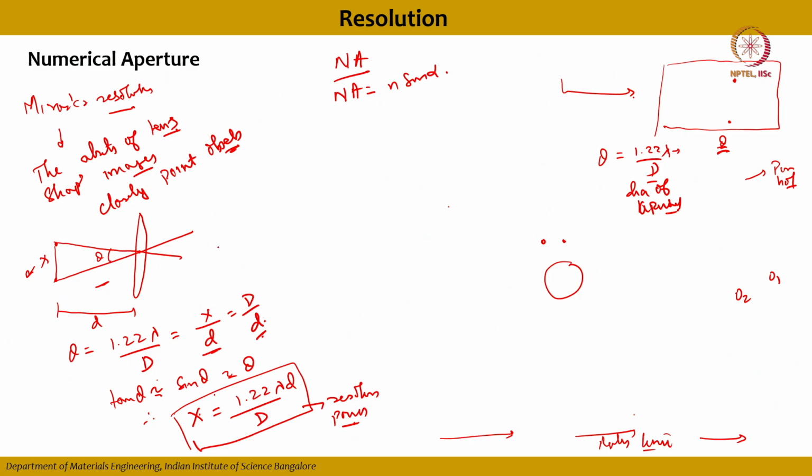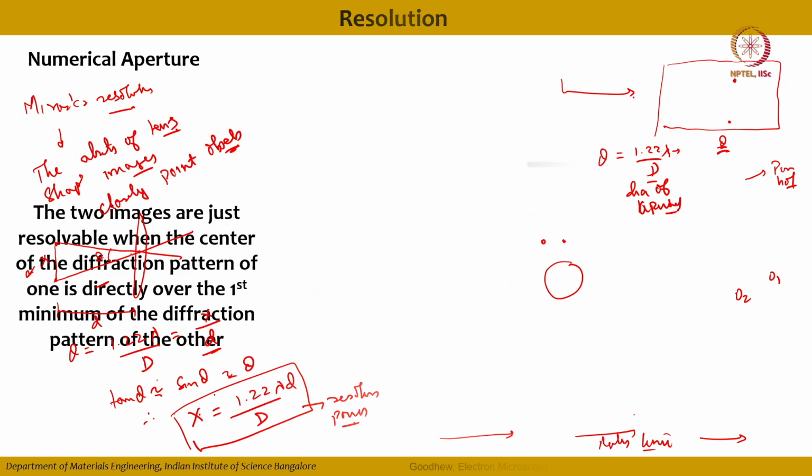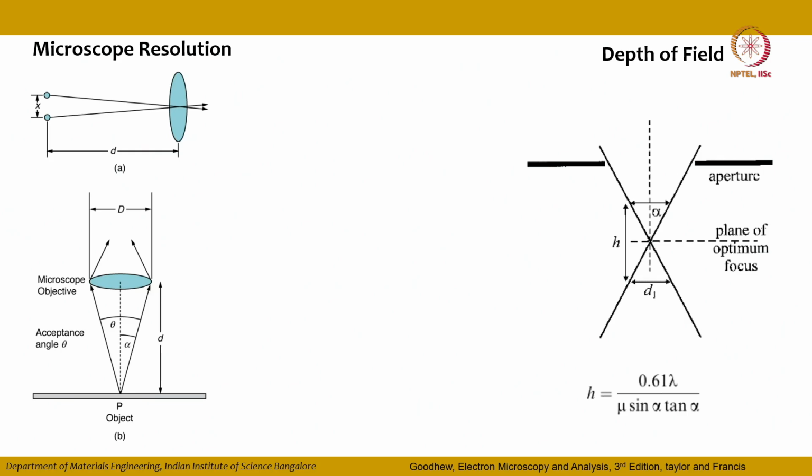So sin theta is equal to d by D. Now, for any microscope, here x is the resolving power, this is your microscope objective, and this is your theta, which is the angular aperture, and alpha is the half angle of that angular aperture.